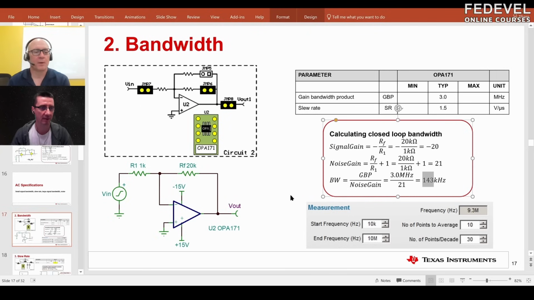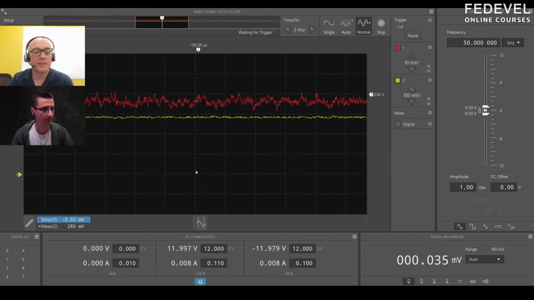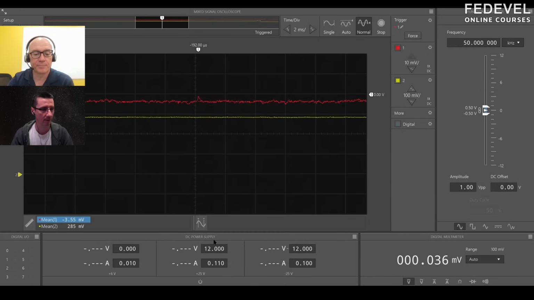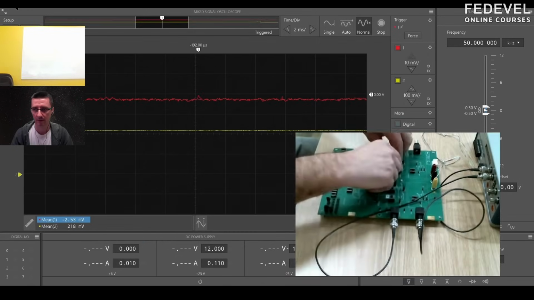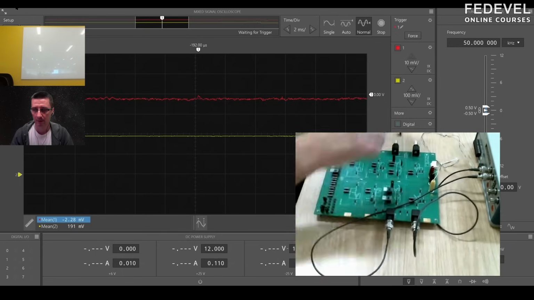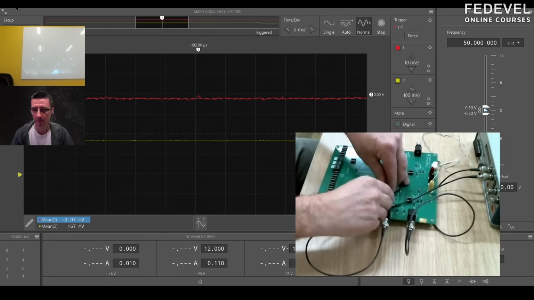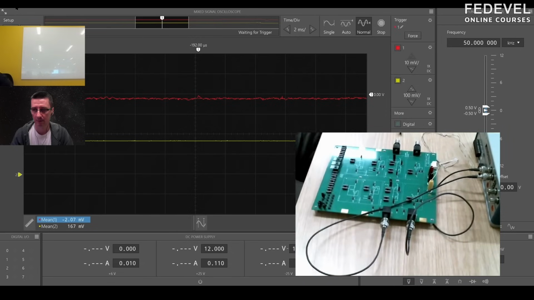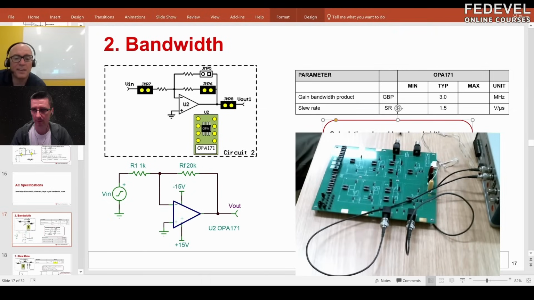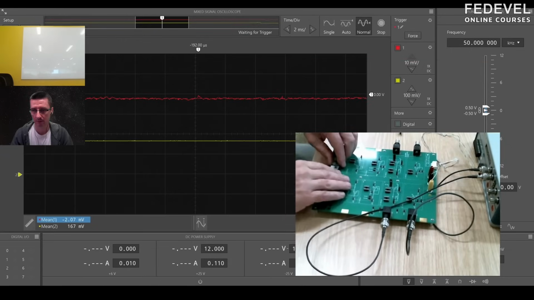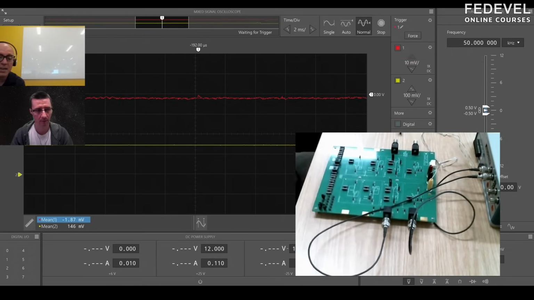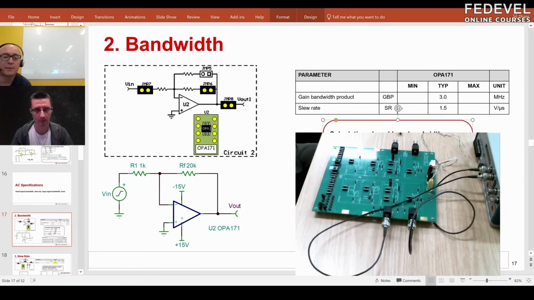Okay, so I'm going to go ahead and turn off my power, and I'm going to disconnect my circuit. We have the OPA171 that we want to use, and that's going to be in circuit number 2.